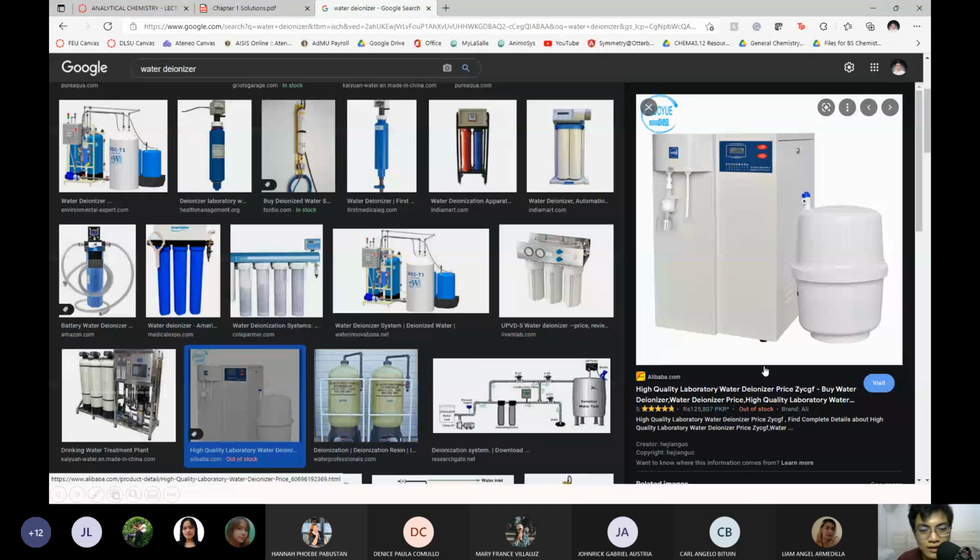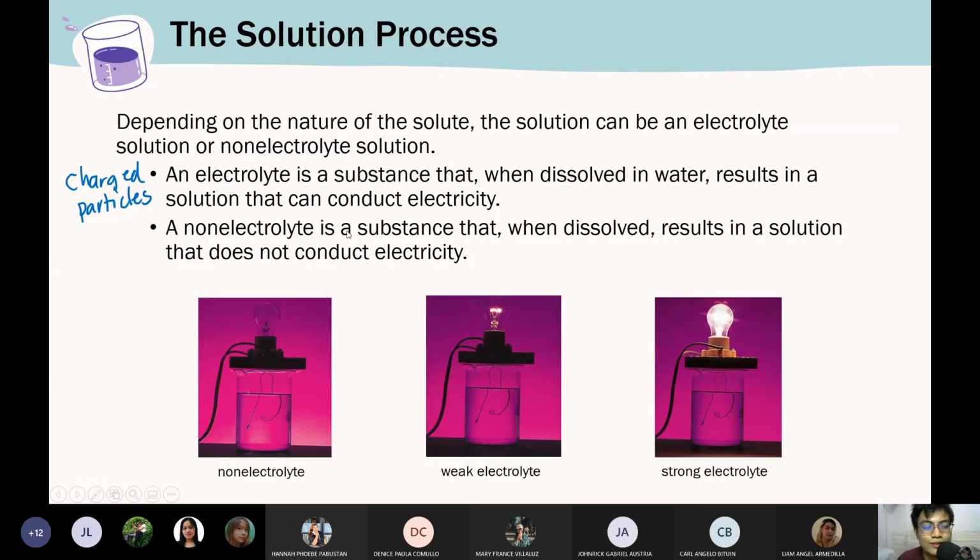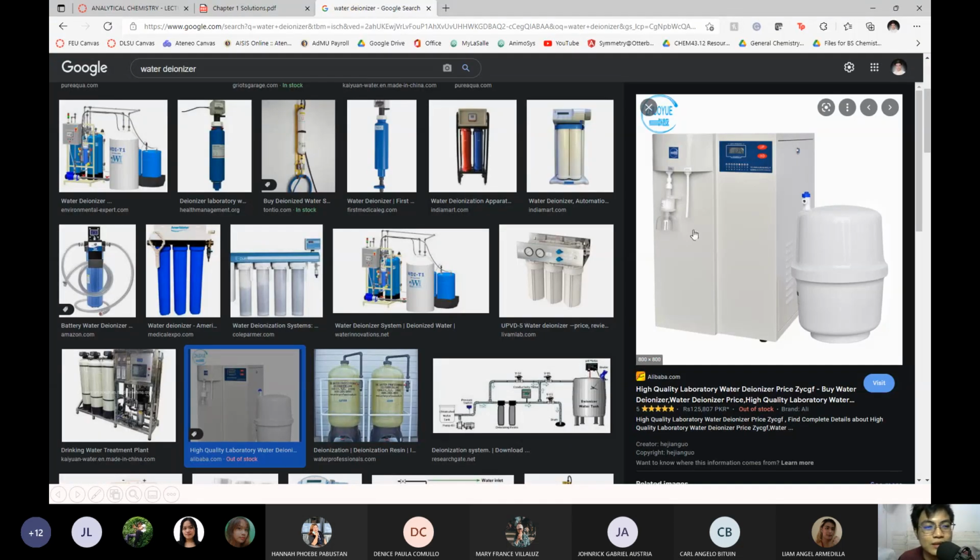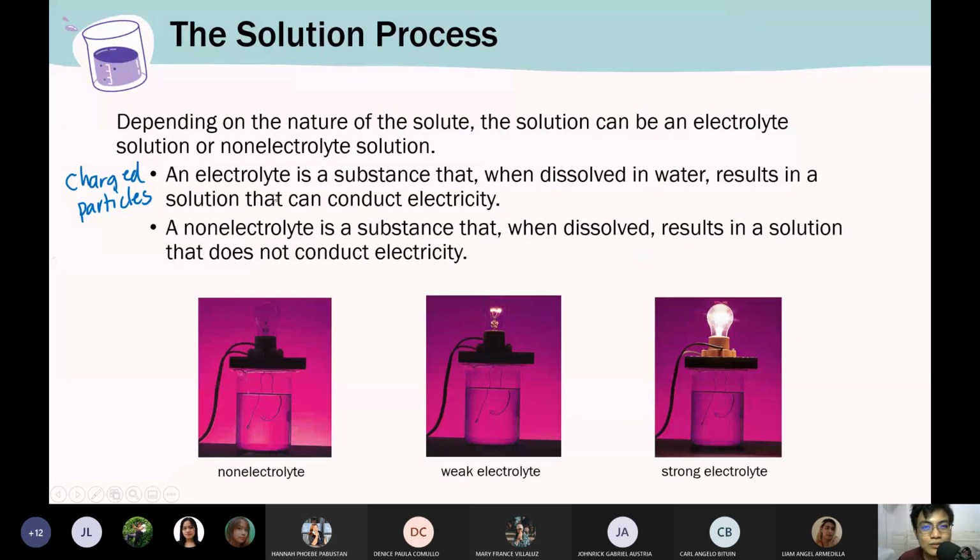Okay? So yan, deionized water is an important equipment in the laboratory, because in making solutions, we make sure there are no interferences, no other ions other than the analyte. Okay? So yun yung ginagamit namin sa lab para yung aming water is non-electrolyte.